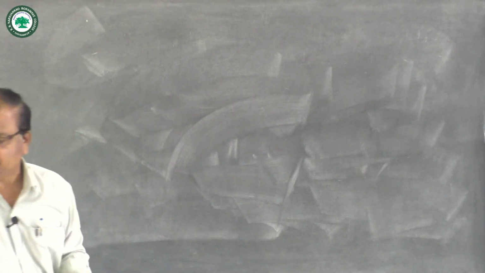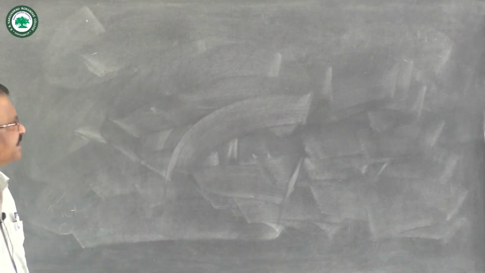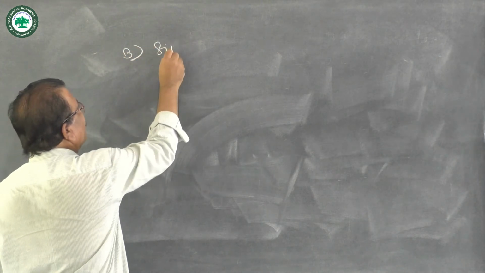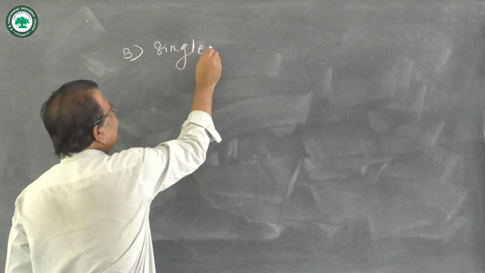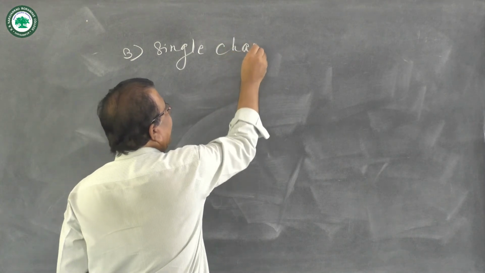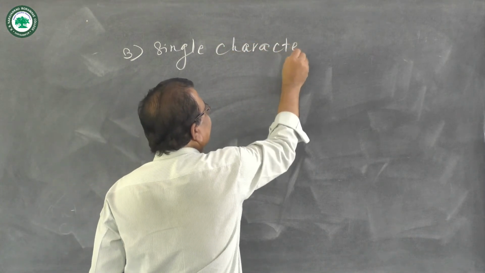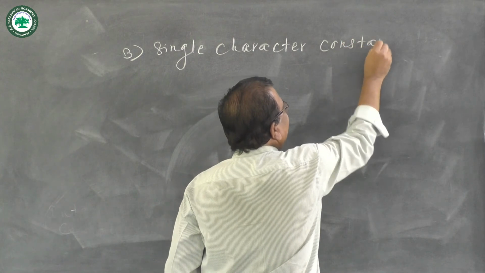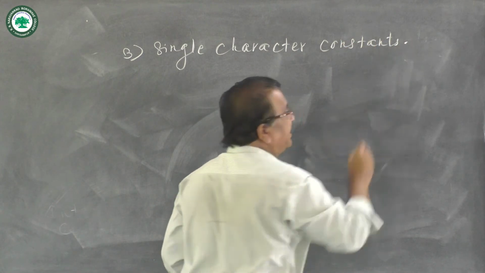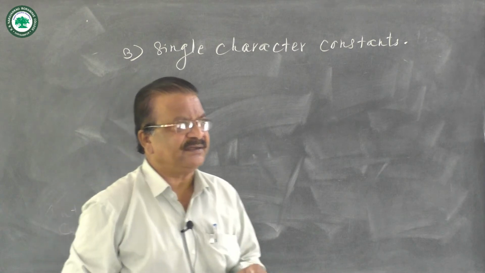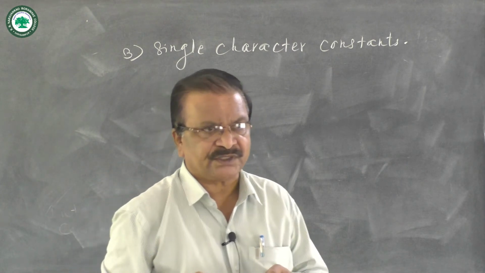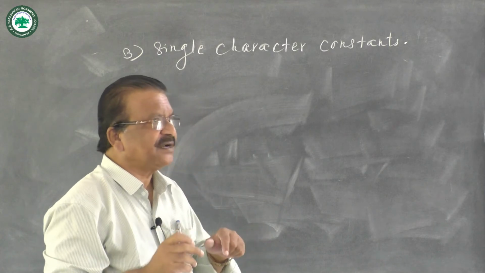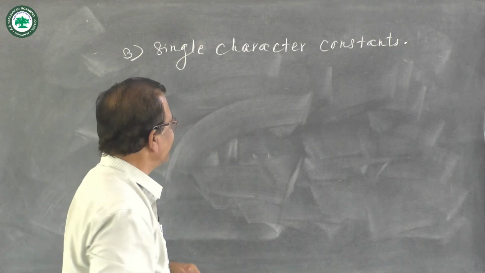Then the third type of constant which we are going to discuss is the single character constant. As its name indicates, it is a single character enclosed by single quotes or single inverted commas.